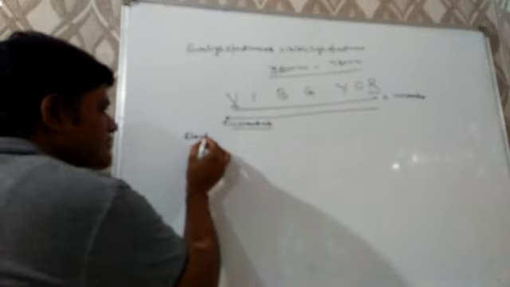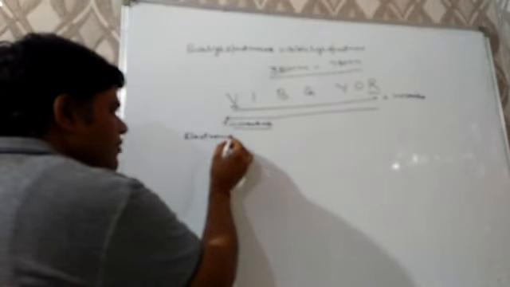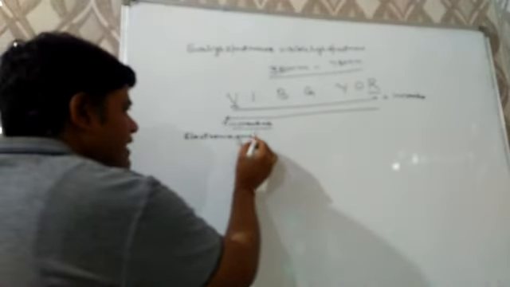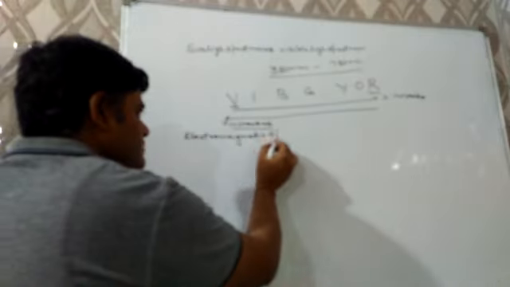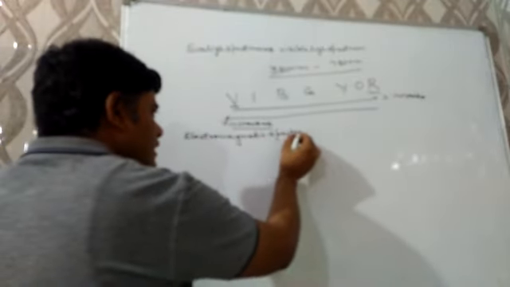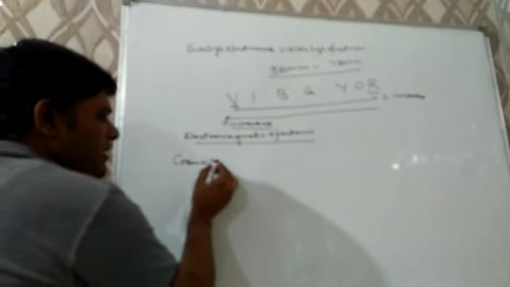Now we have to discuss the electromagnetic spectrum. Questions may be there in your competitive exam. Actually, the electromagnetic spectrum starts from cosmic rays. But keep it in mind, cosmic rays are not electromagnetic in nature.